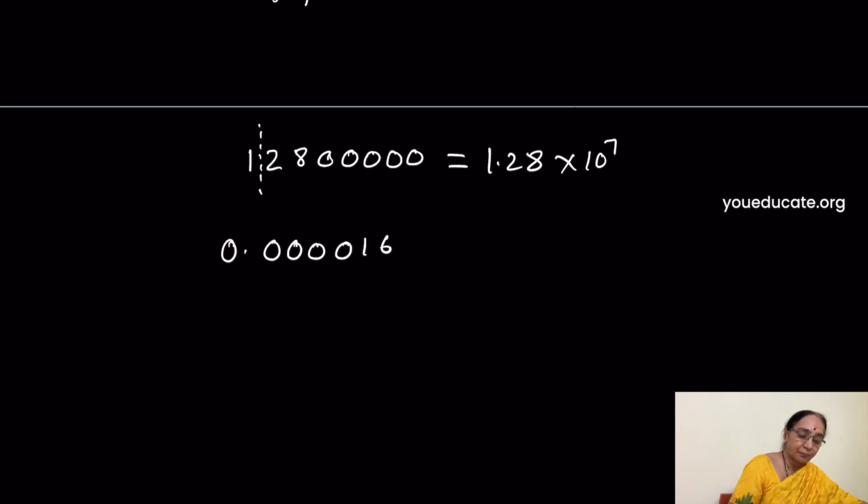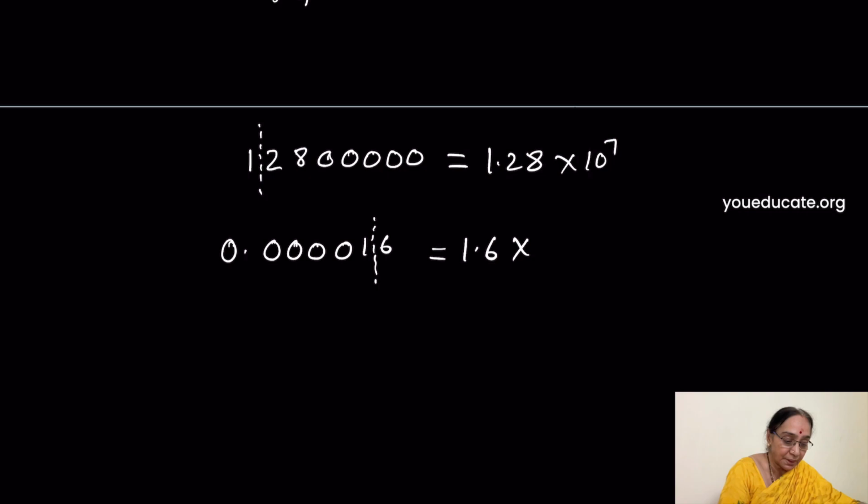0.00016. Now remember, even this has to have the same format, a into 10 to the power of n, where a lies between 1 and 10. So in order to write that format, now the imaginary line is over here. You are moving it forward. So it is 1.6 into, since you are moving it forward, that means you are multiplying it by 1, 2, 3, 4, 5, 10 to the power of 5.